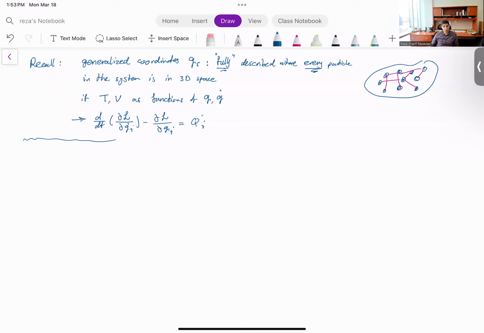The good thing about this perspective of system of particles is that it is extremely generalizable, in the sense that any rigid body or a collection of rigid bodies is essentially, at the end of the day, a system of particles. The only difference is that all the particles within a rigid body are constrained to remain in fixed positions relative to each other.